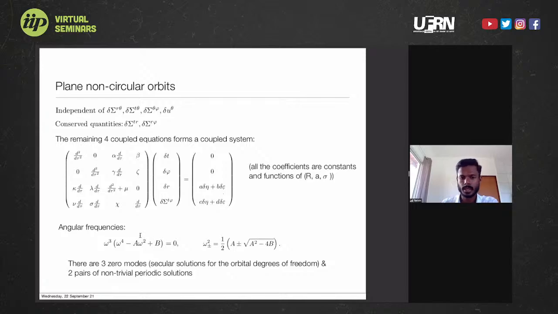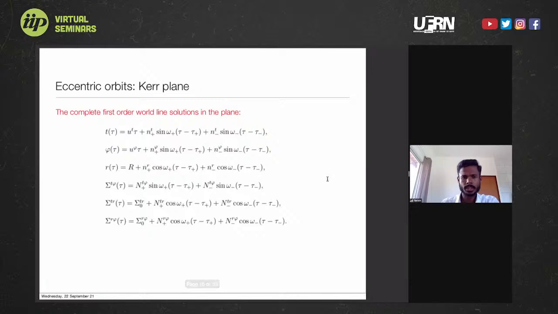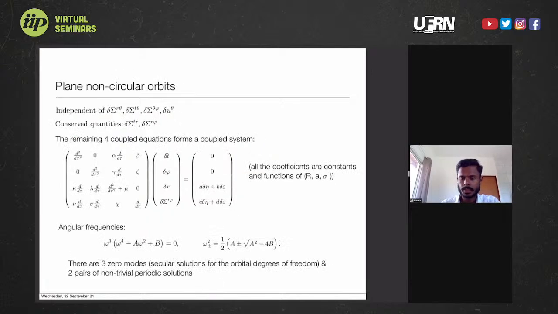Therefore, we can eliminate these 3 zero modes and deal only with these 2 pairs of non-trivial periodic solutions. But again, A and B are functions of radius r, black hole spin a and particle spin sigma. So now, since we have obtained the frequency, it is very straightforward to write these deviations, del t, del phi, del r, del sigma t phi, as well as del sigma tr and del sigma r phi, as a function of sine or cosine functions.